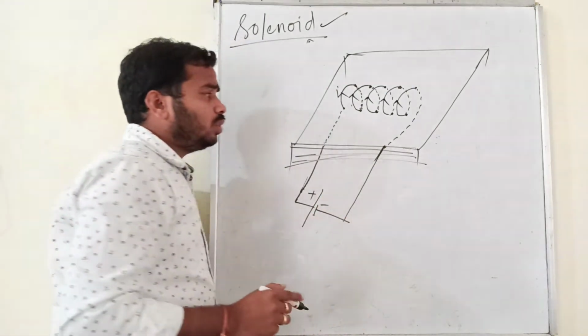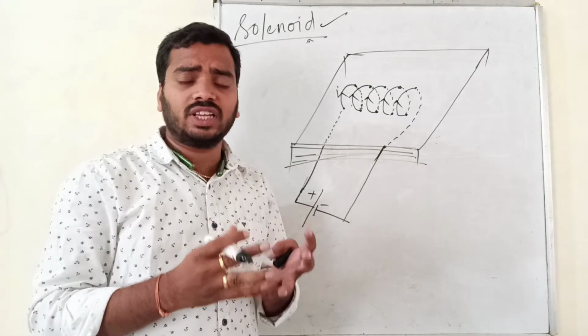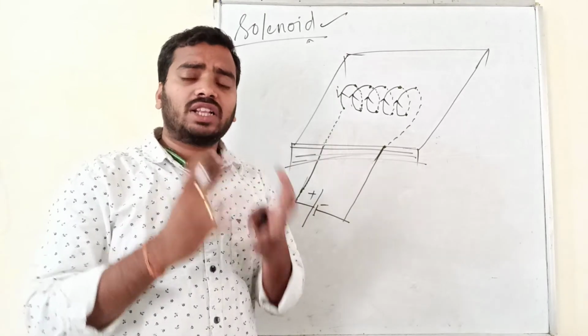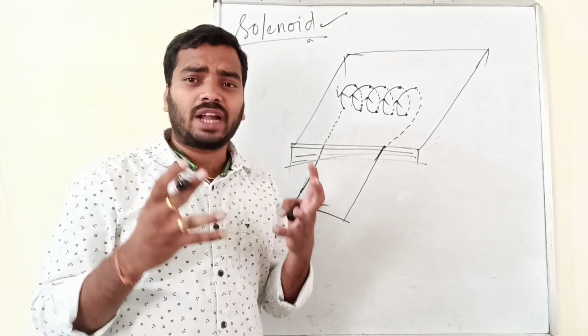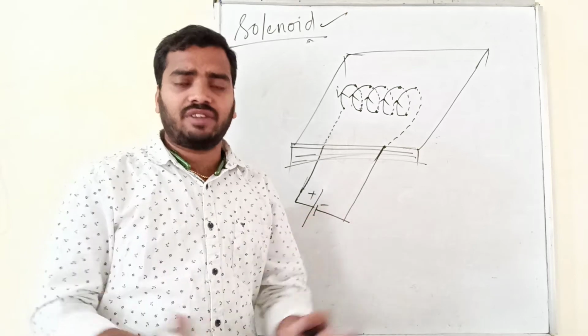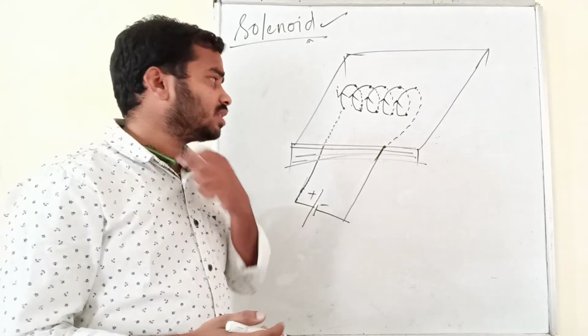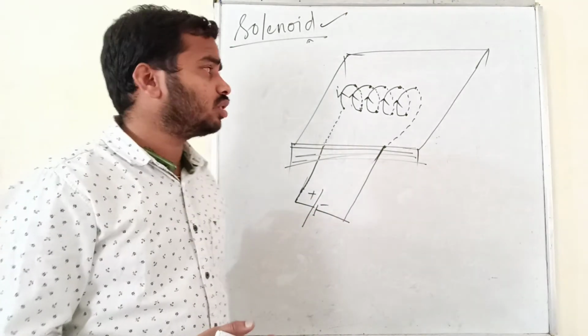Now what you have to do is ensure there will be iron filings. Iron filings are particles which can be attracted by the magnetic field, and they arrange themselves in the shape of the magnetic lines of force.